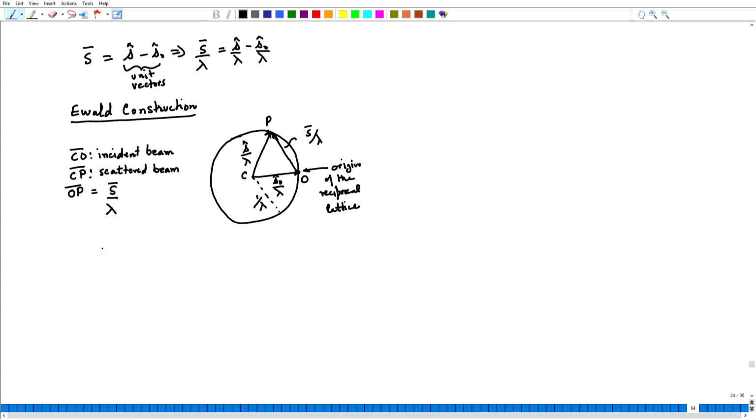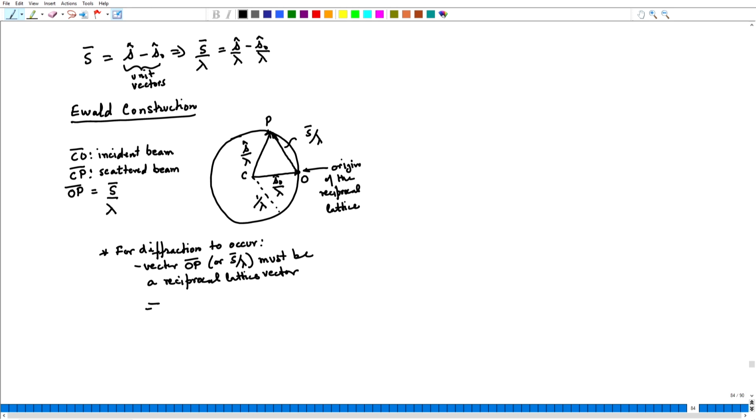So, now from what we have already learned, for diffraction to occur, the vector OP or the scattering vector S divided by the wavelength must be a reciprocal lattice vector.